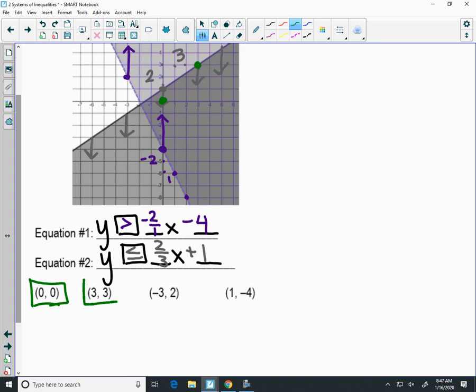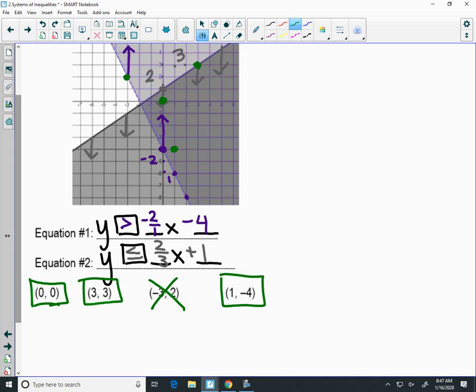So 3, 3 is a good point because it's on the solid line and not the dotted. -3, 2, if I go -3, 2, I'm on the dotted line. And dotted line is a no. And 1, -4 is in our overlap.